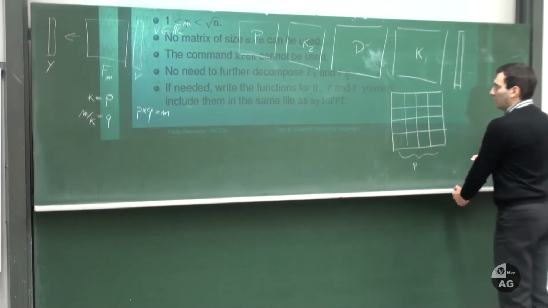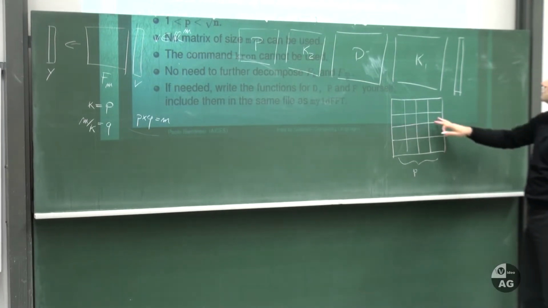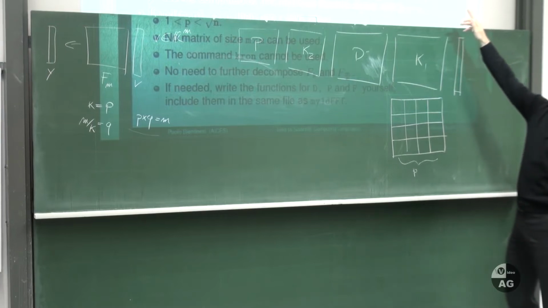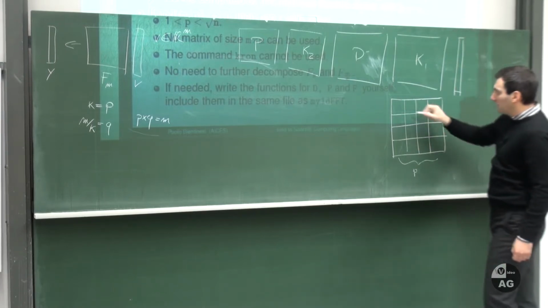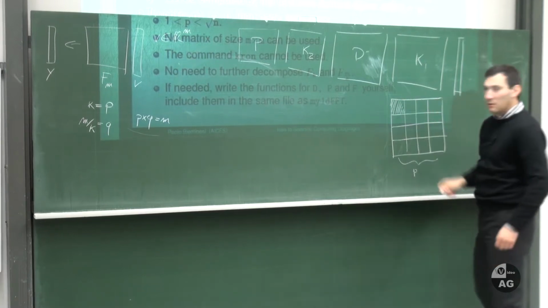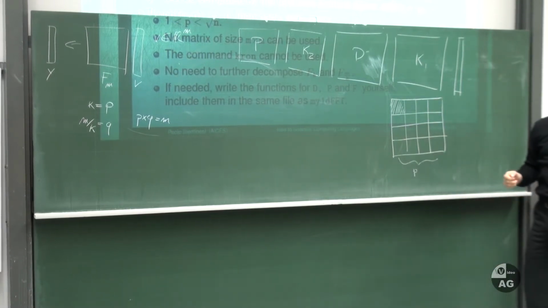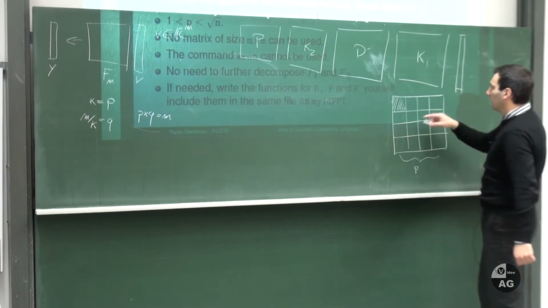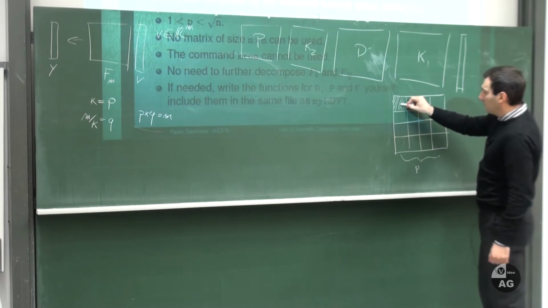Okay. This is our matrix f of K. Kronecker product with identity. It means that each entry of this block is the same. It's a block with all entries equal to each other. And what is the value of this entry?